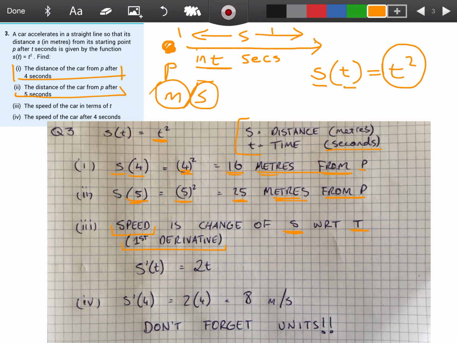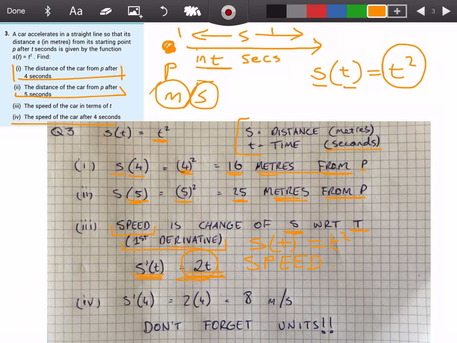So you can see I've got s of t is equal to t squared. So I get s prime of t, my first derivative. And that gives me 2t, because I bring the square down in front of the letter. So 2t represents the speed. Okay? That is our formula to work out the speed of the car.